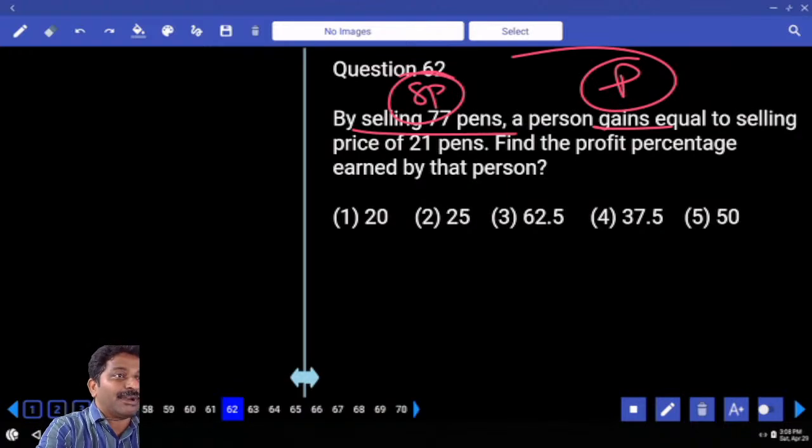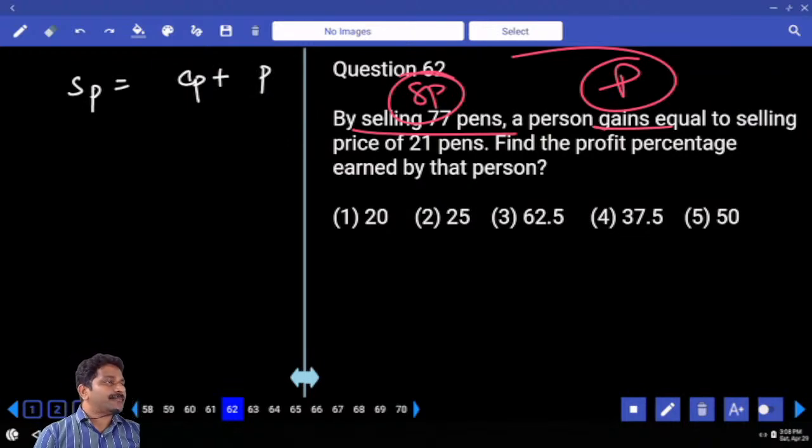Cost price plus profit is equal to selling price, perfect. If you can do that, you are done. Selling price is equal to cost price plus profit. Yes, right.